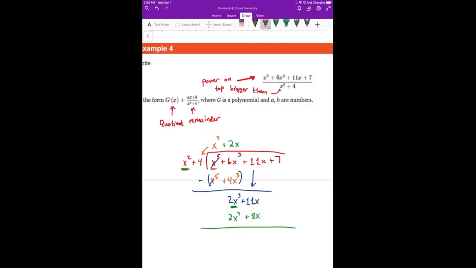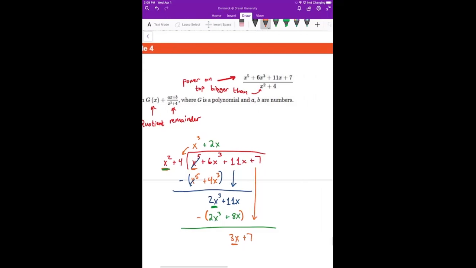So I'm going to subtract that. And if I subtract the 2x to the 3rds cancel, and I'm left with a 3x. All right, and then I bring down the 7. All right, now at this point, x squared can't go into 3x, right? Because x squared is bigger than just x, right? So now we basically have it.